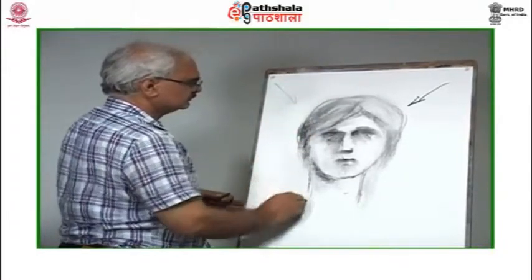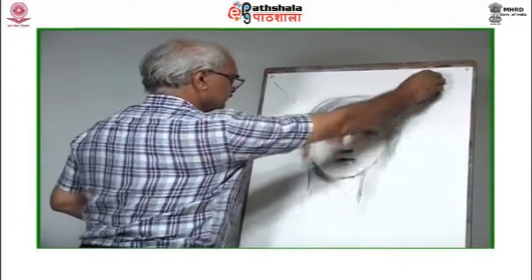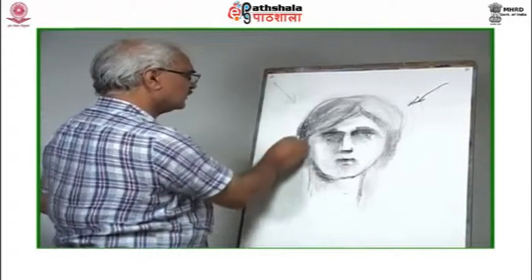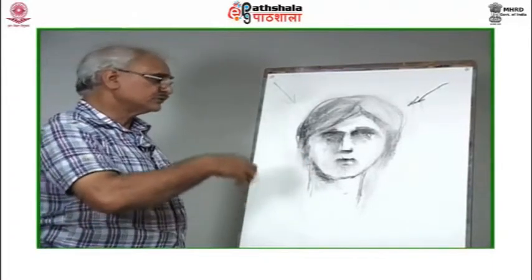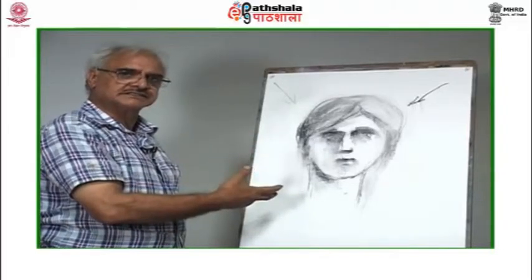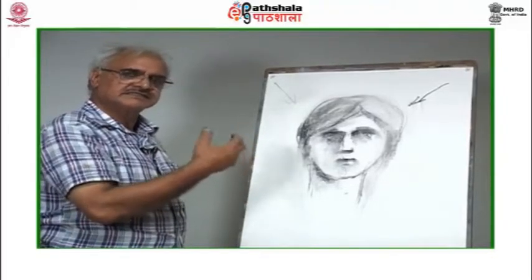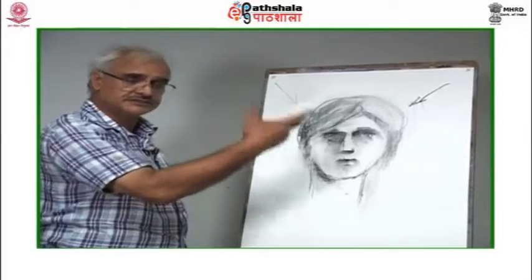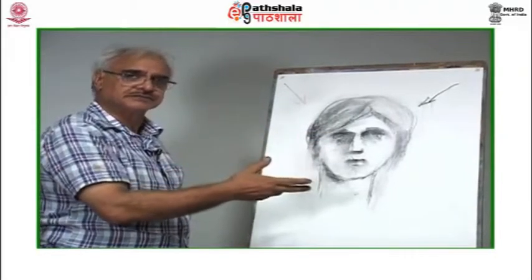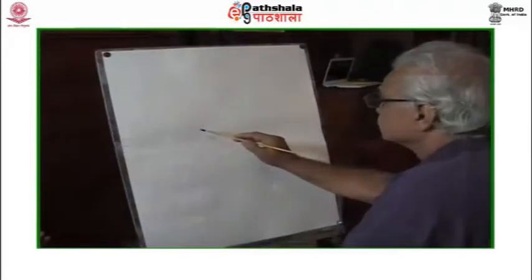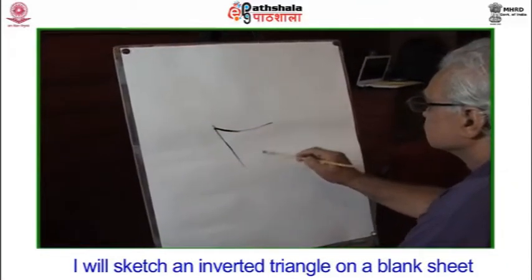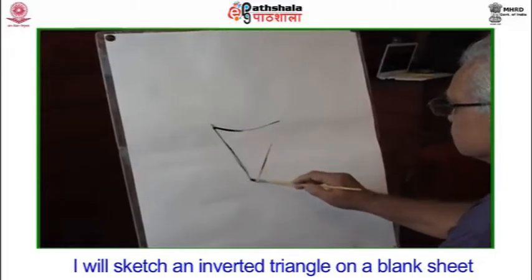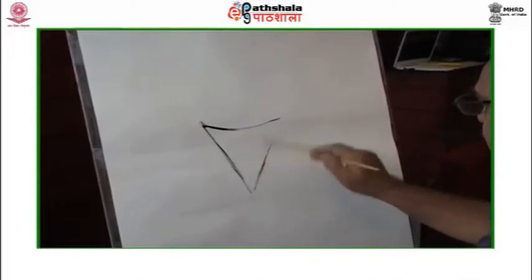Since you will begin shading your portrait by capturing light and dark, it is a good idea to check if the facial features are positioned correctly. A commonly used method to check the placement of facial features is to draw an inverted triangle. There are 3 ways of doing this. I will sketch an inverted triangle on a blank sheet.